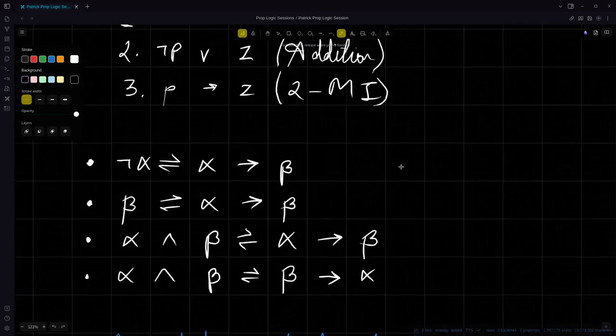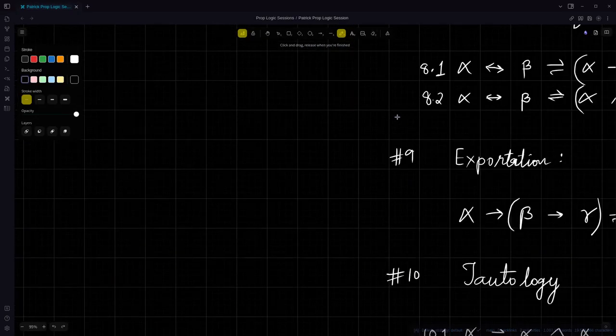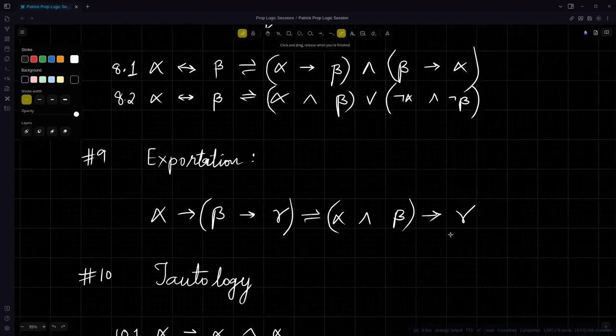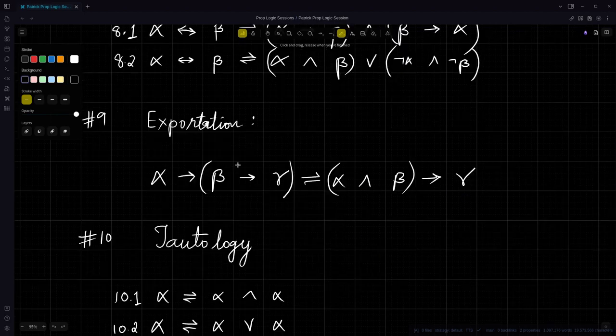Wait a second. Is that what we wrote last time? No, that's not what we wrote last time. And then I wrote it wrong. This is the exportation: alpha implies beta implies gamma is the same as alpha and beta implies gamma.